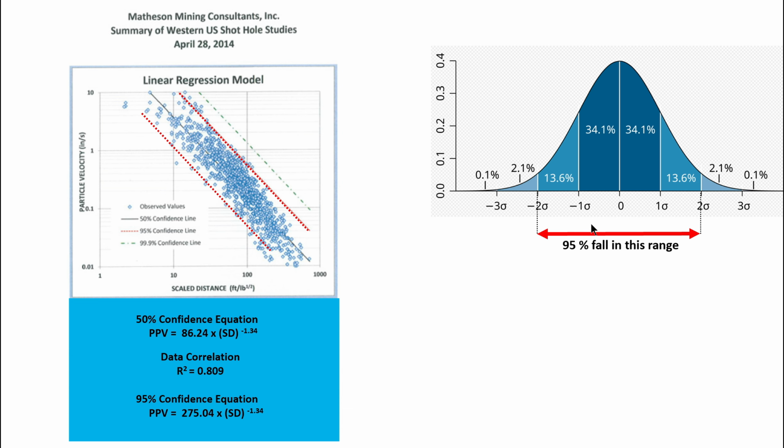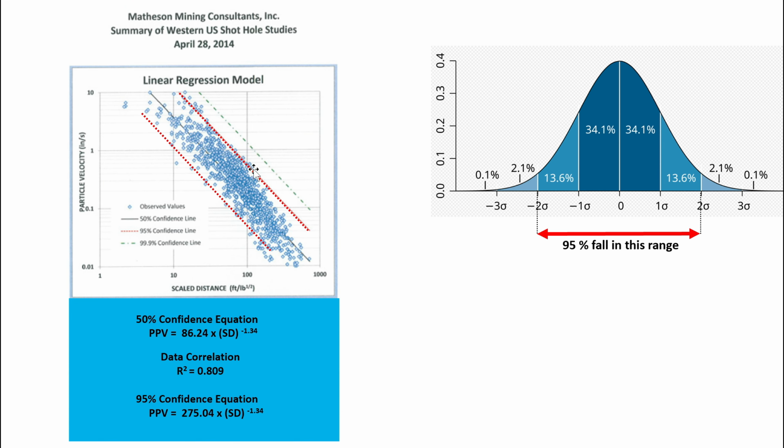Essentially, we can see that within one standard deviation on either side of a bell curve, you will encompass 68.2% of the data points, but we're looking at this 95%, and that's within two standard deviations.